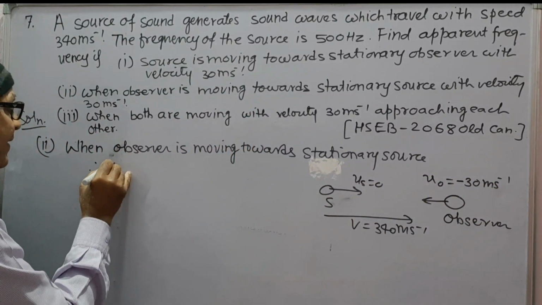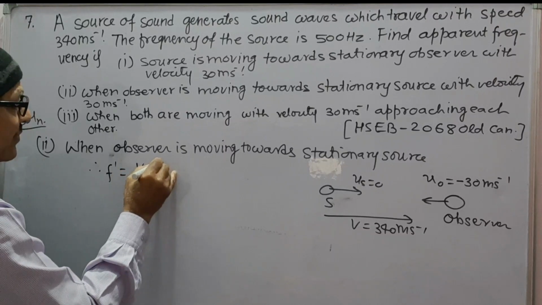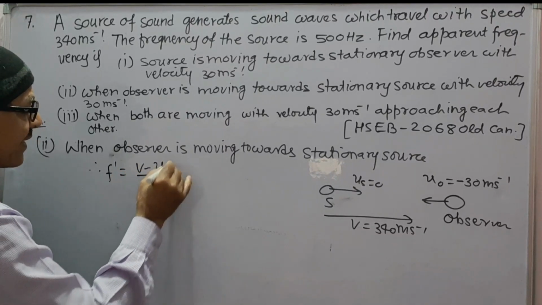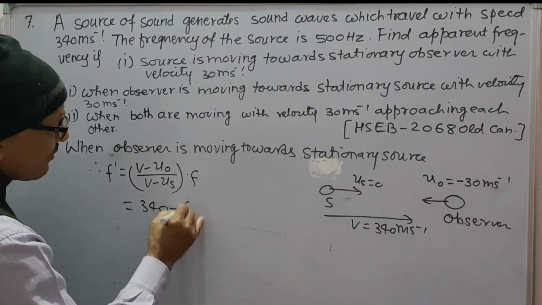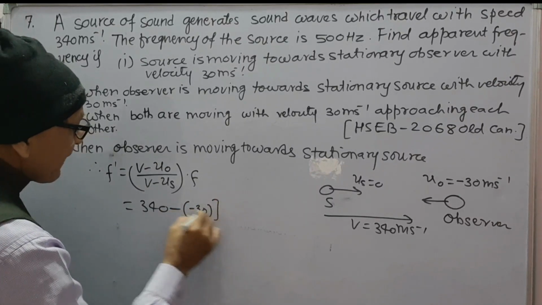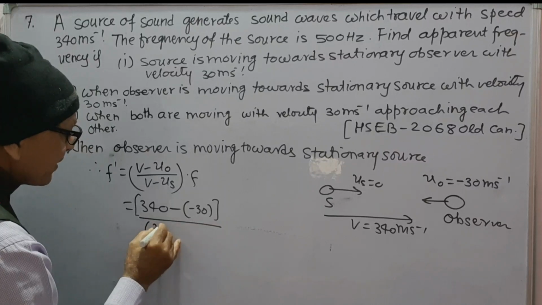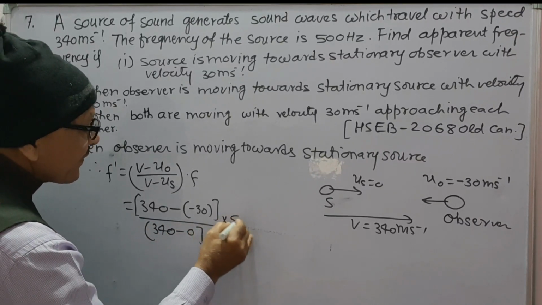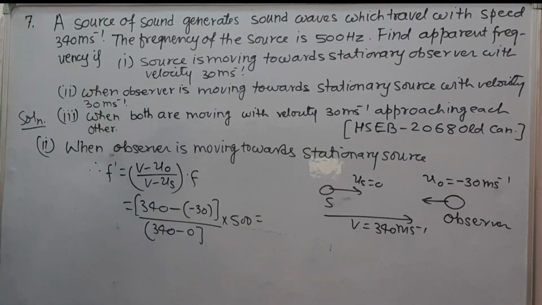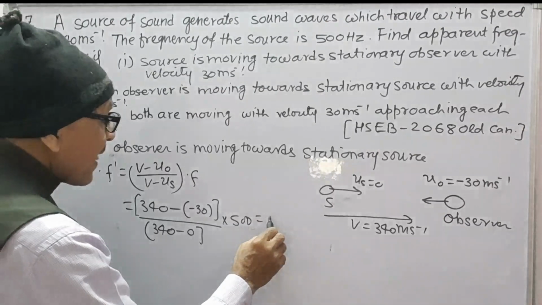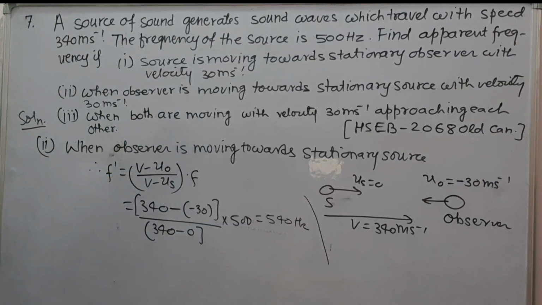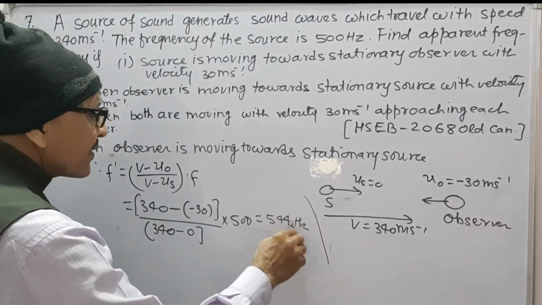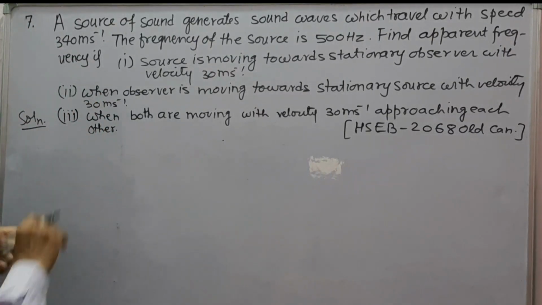Therefore, f dash will be equal to (v minus uo) upon (v minus us) into f, that is 340 minus 30 upon 340 minus 0 into 500, which gives 544 hertz.